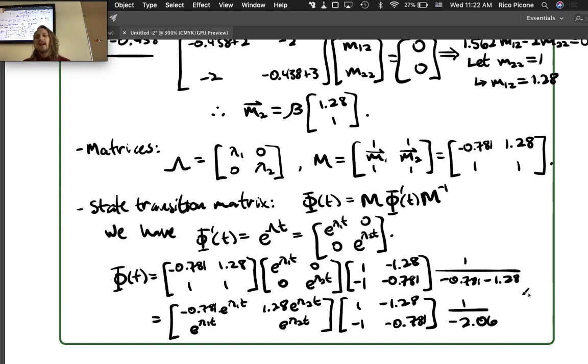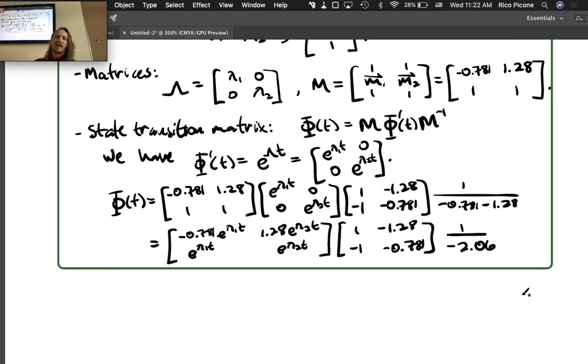And then we can do the next one, and I kind of don't want to do the next one because you're going to pick up an e to the lambda 1t and an e to the lambda 2t in both of them, and it gets kind of messy, right?